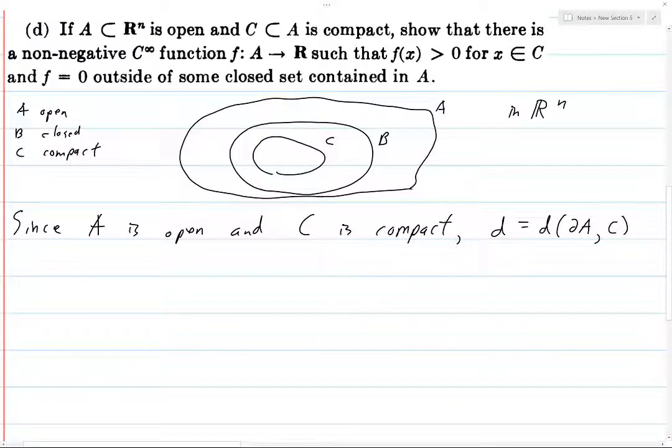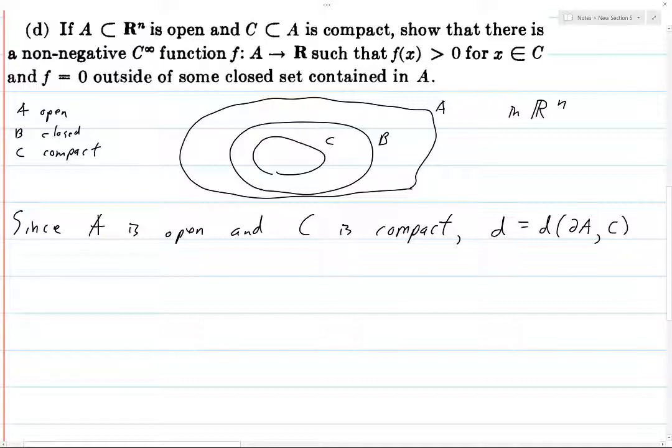The distance between the boundary of A and C, basically what you mean is you take all possible lines that go from the boundary of A to C, and you take the length of that line, and you try to find the smallest length possible.